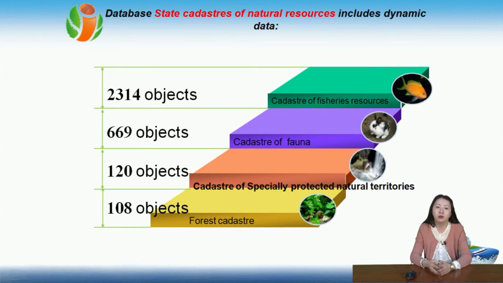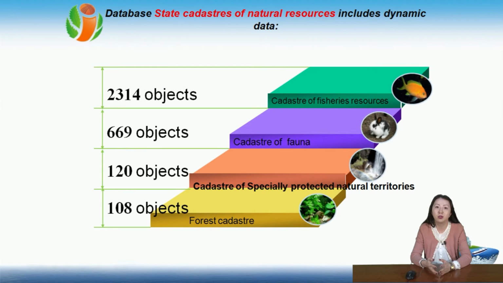We have 4 cadastres in Kazakhstan. The database of the state cadastres of natural resources includes dynamic data. First of all, we have the cadastre of fisheries resources, which includes 2,314 objects. Second, the cadastre of fauna, which includes 669 objects.